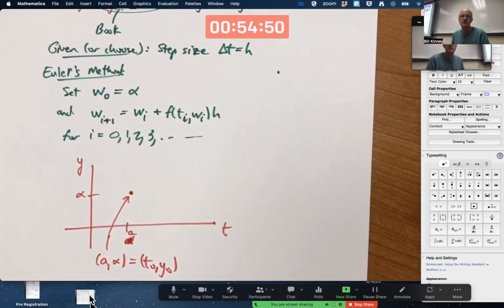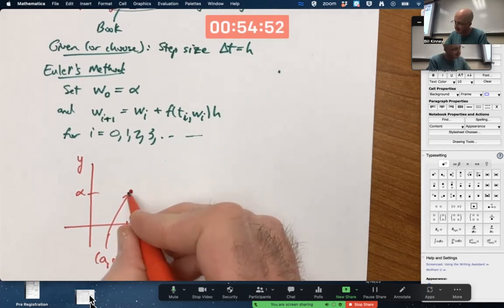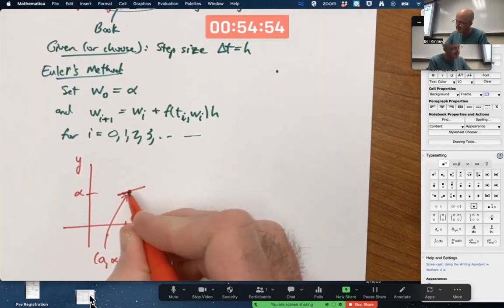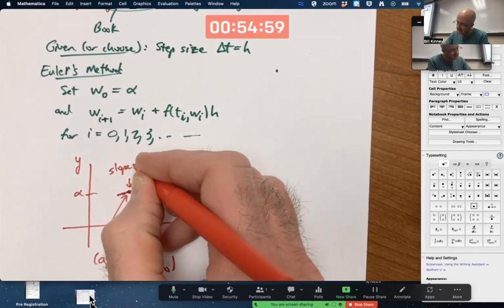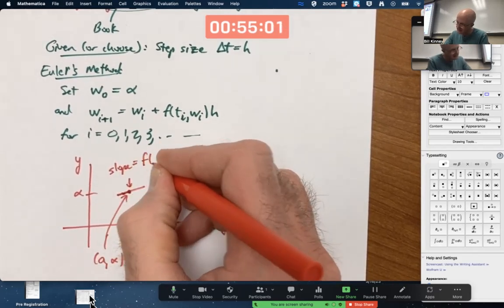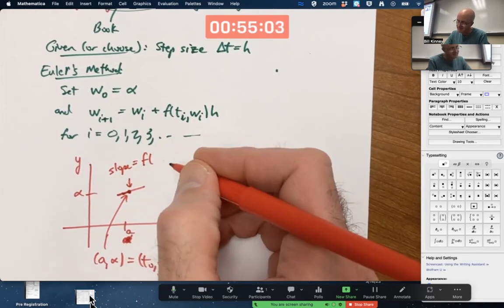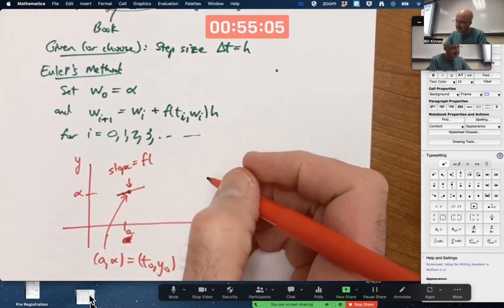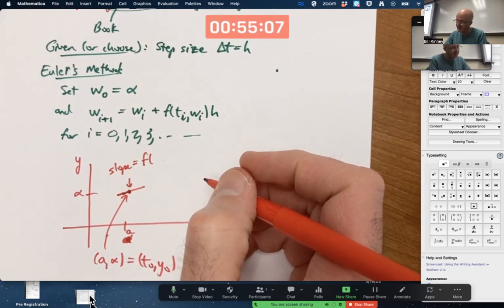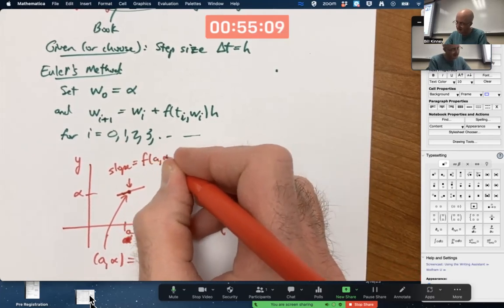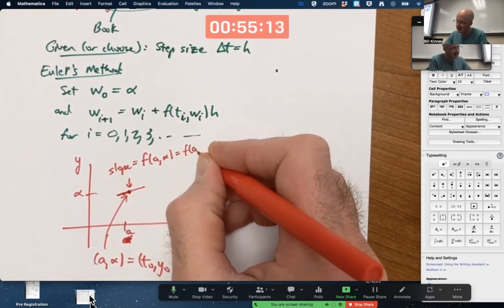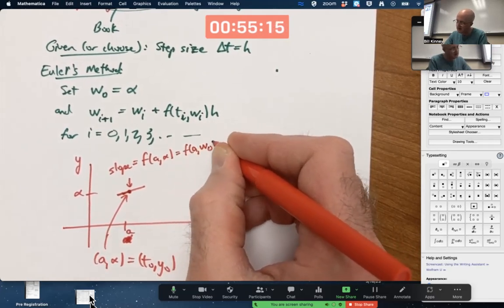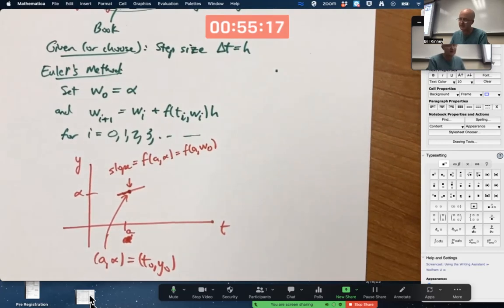We use the little slope mark centered at this point that's got slope equal to f of t comma y at that point, which would be f of a comma alpha, which is the same as f of a comma w naught, because w naught equals alpha.